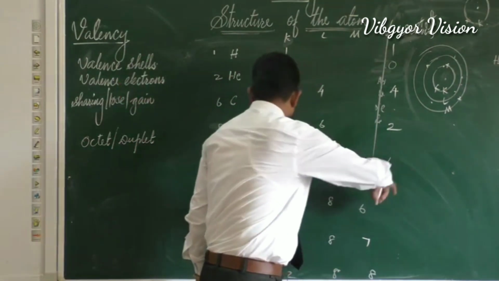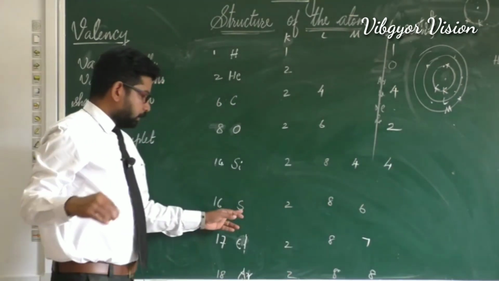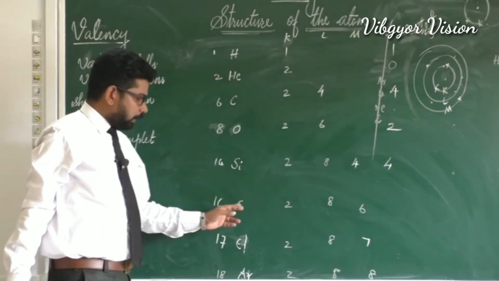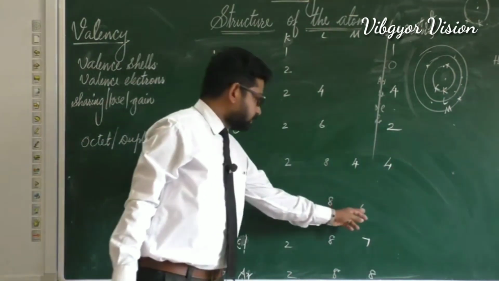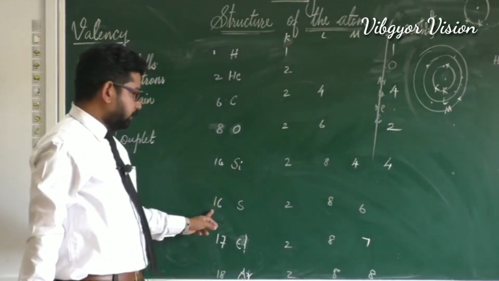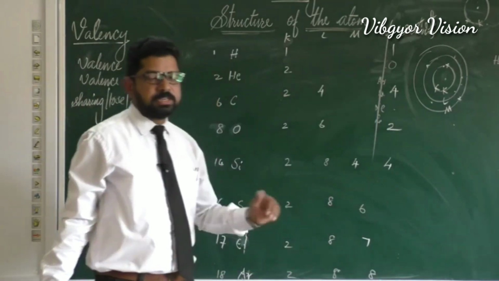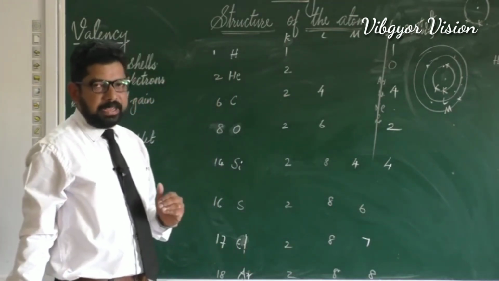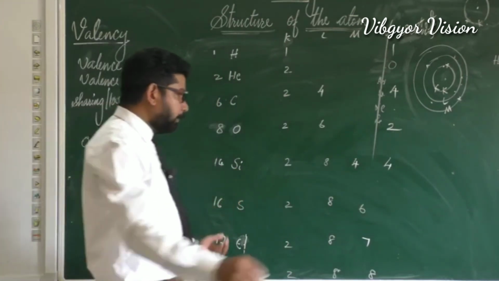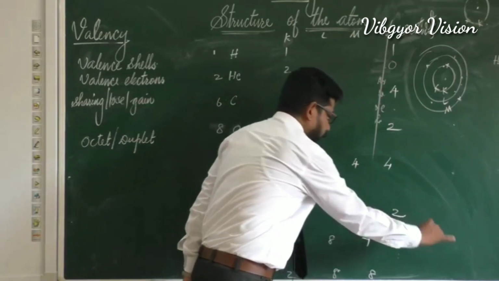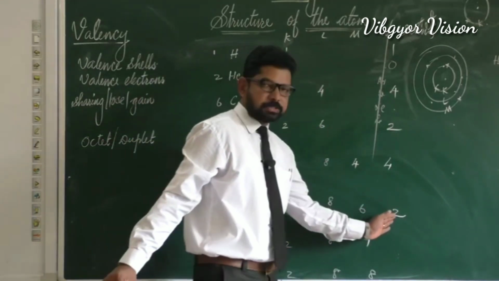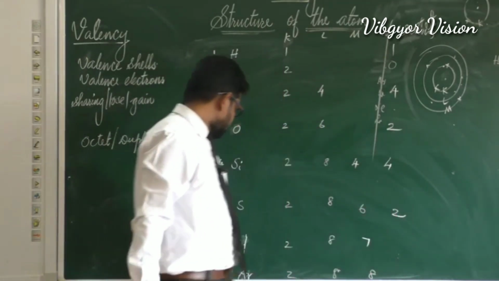Next one, sulfur. The configuration of sulfur is 2, 8, 6 because its atomic number is 16. So there are 6 electrons in the outermost shell. How can they get 8 electrons? Obviously by gaining 2 electrons. So its valency is 2.